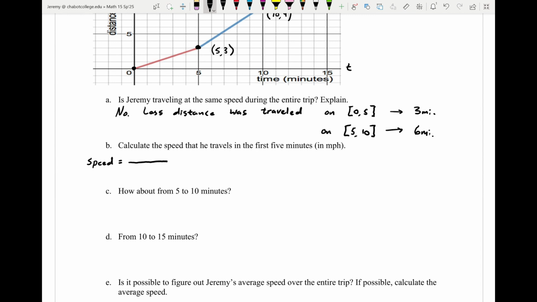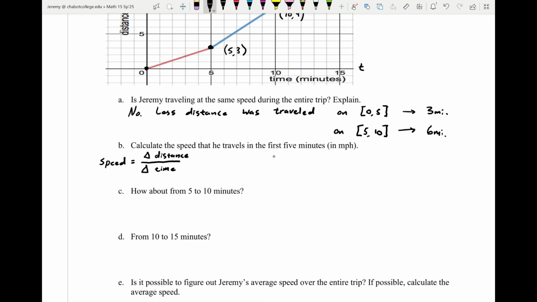But basically, speed is the change in distance over the change in time. So the change in distance over the change in time. Okay, so that triangle that I just drew, in case you haven't seen that, this is a Greek letter delta.